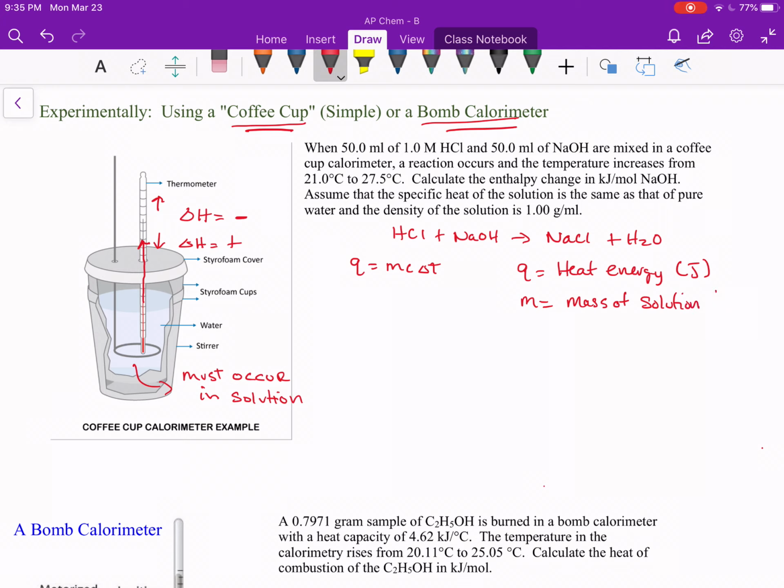Remember, that's solvent plus solute. C is the specific heat of the solvent. Most of the time, it's going to be water, and so that makes it a lot easier for us. And this is going to be joules per gram degrees C. And then actually we have delta T, and we all know that delta T is equal to the change in temp.